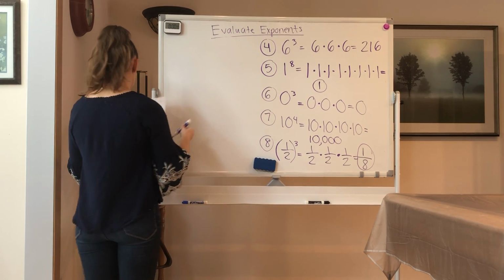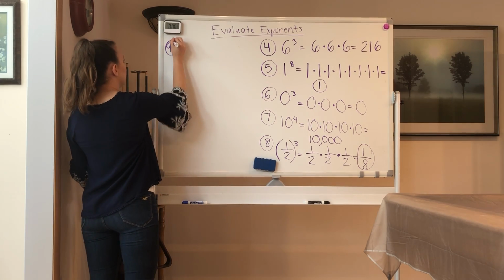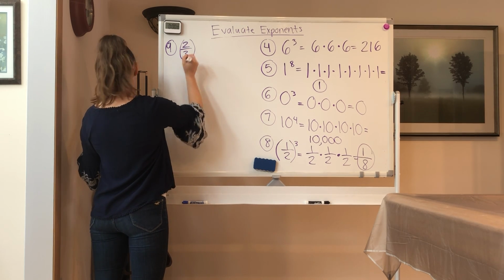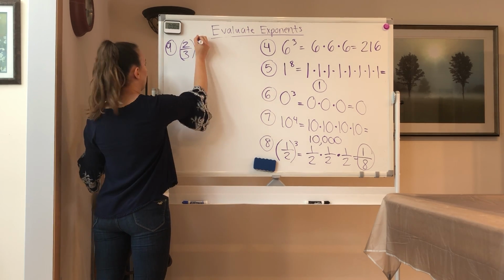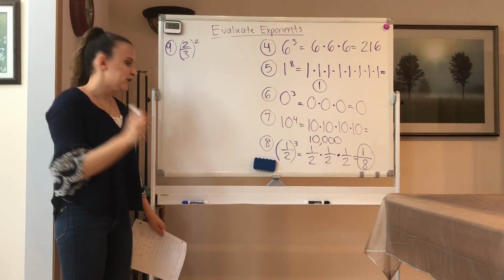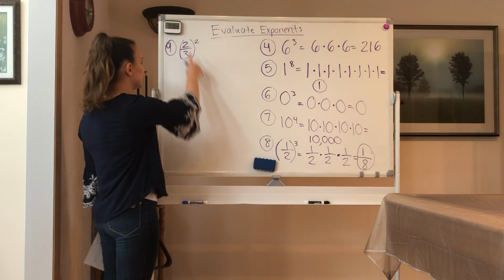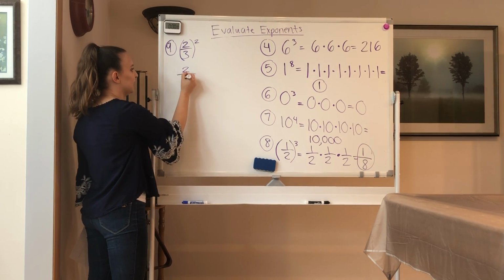All right, next, number 9. 2/3 to the 2nd power. Now, I want you to notice that with this 1/2 to the 3rd, and with 2/3 to the 2nd, I'm putting this entire thing in parentheses. I'm not writing it like this.